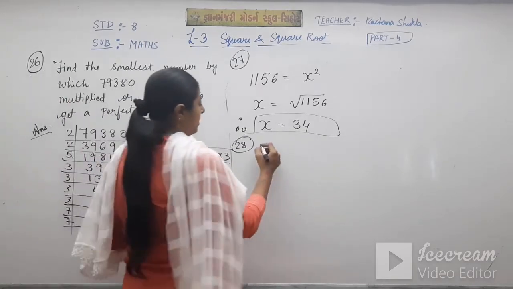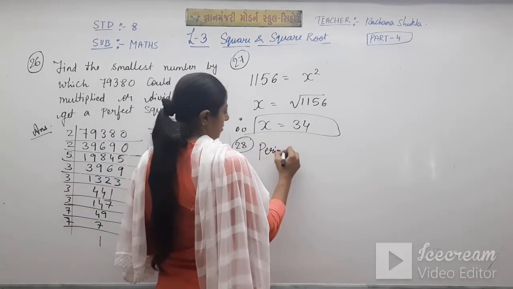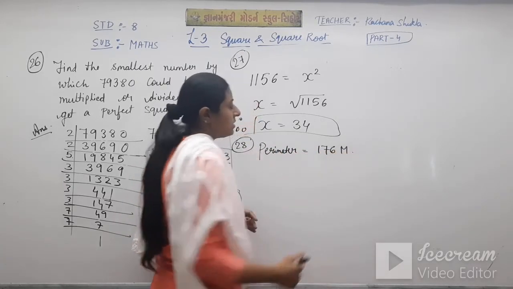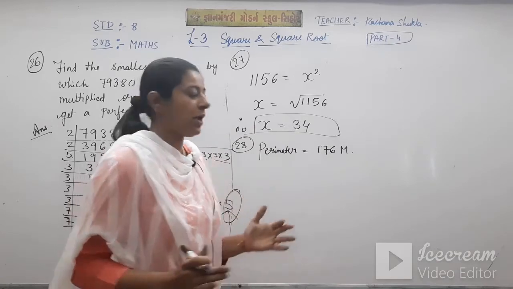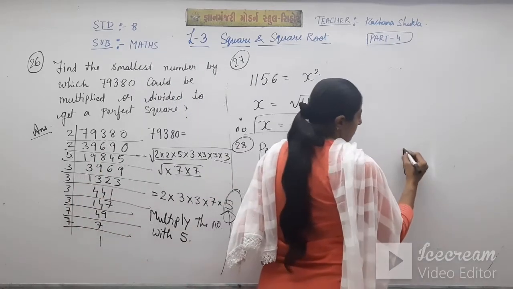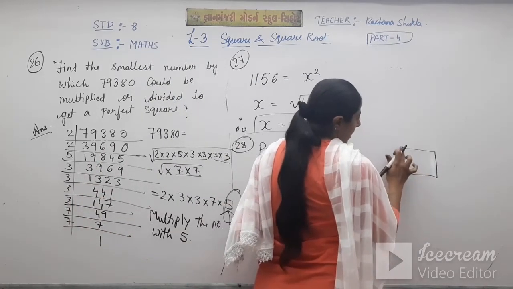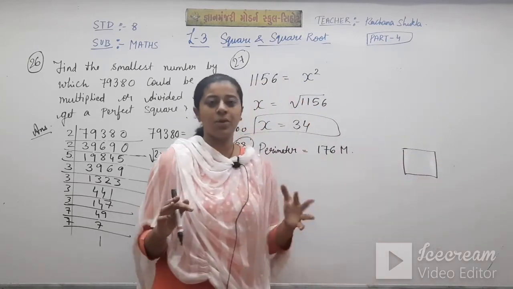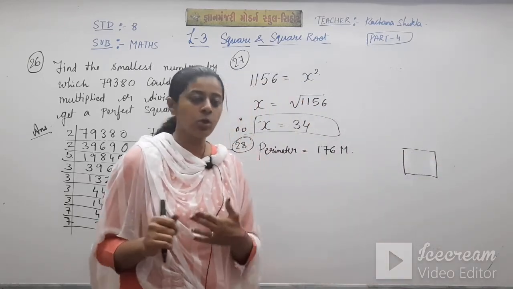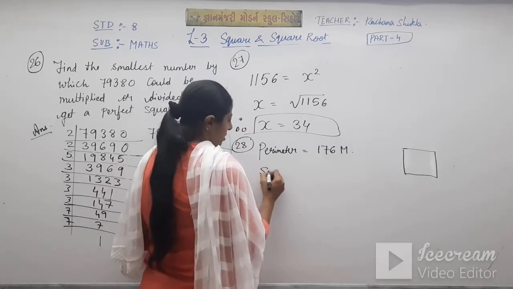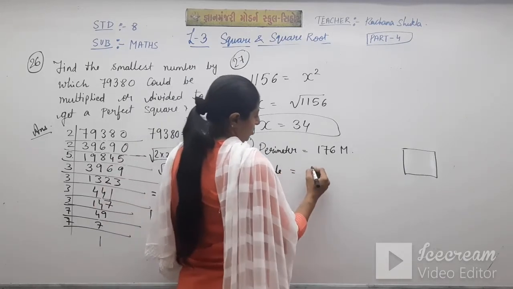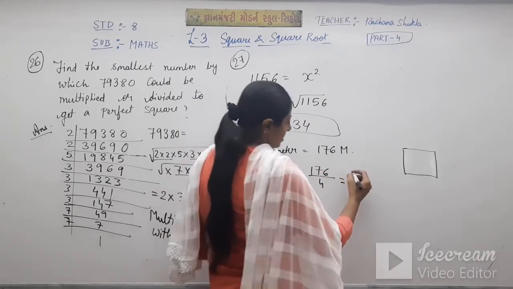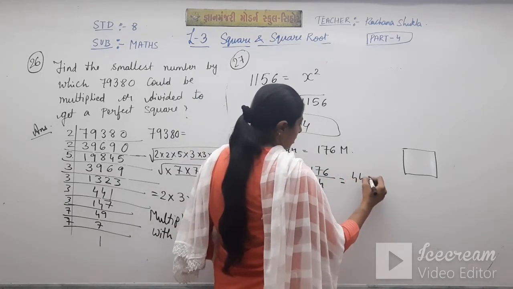See, perimeter is equal to 176 meter. Perimeter of the square field is given. That means the total of all four sides, and in a square all the four sides are equal. So side is equal to 176 divided by 4, and that is 44 meter.